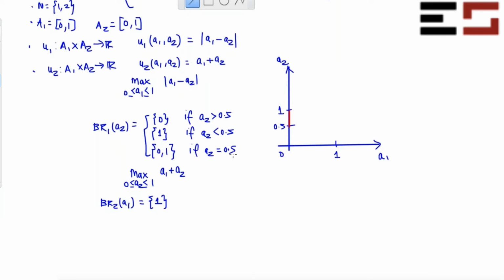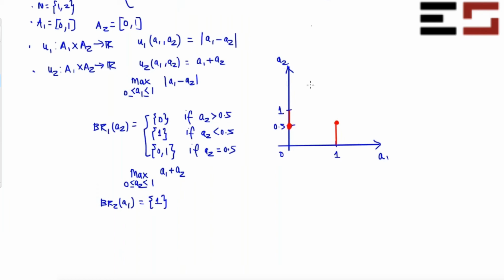When a2 is equal to 0.5, there are two best responses, 0 and 1. Is that okay? And when a2 is less than 0.5, there is only one best response, which is 1.